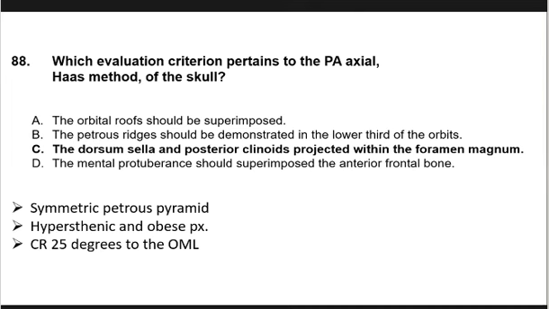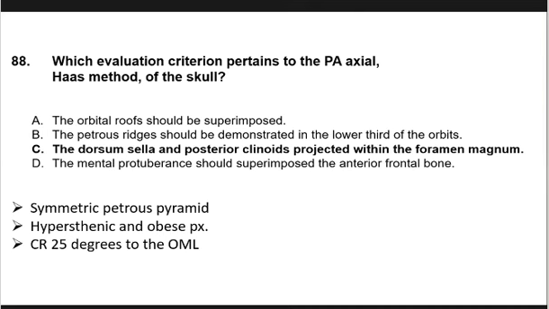So tandaan, pag sinabi natin PAHL projection of the skull, that is referring to HAAS method. Okay? So the other criterion, aside from the dorsum sella and the posterior clinoid process projected within the foramen magnum. The other criteria is that the petrous pyramid is symmetrical.